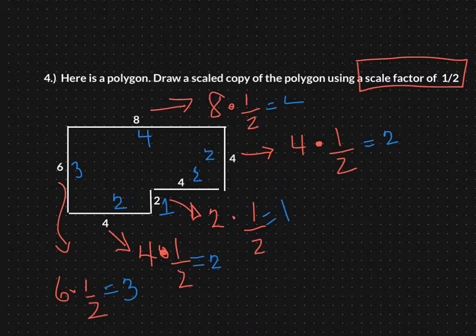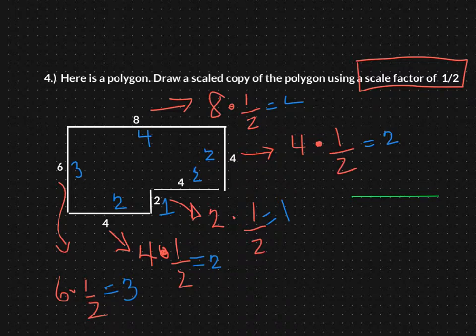So if I draw my new shape, I'm going to make sure that the top line is going to be 4.